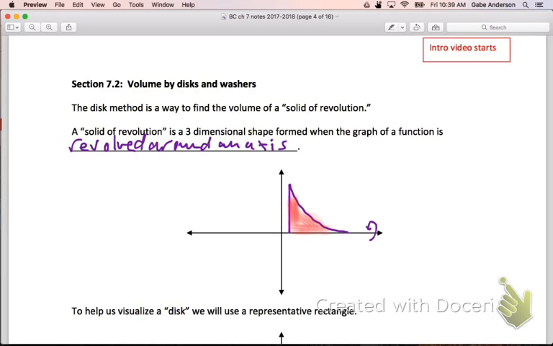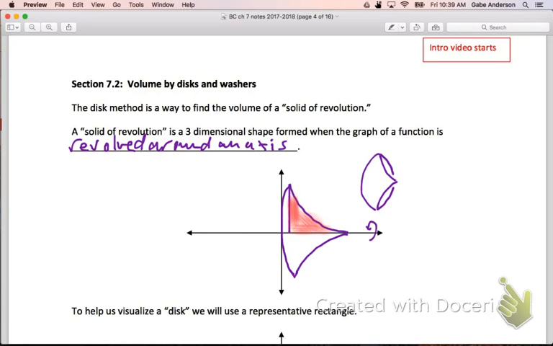So in other words, it kind of came out of the page at us and then back down into the page, something like that. That would form a kind of funnel-like shape, I guess. It could look something like this if we moved it around a little bit.